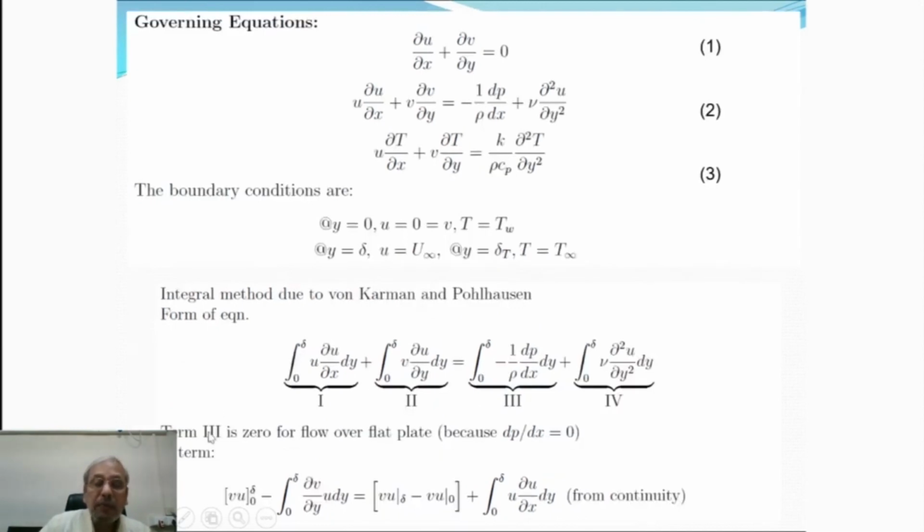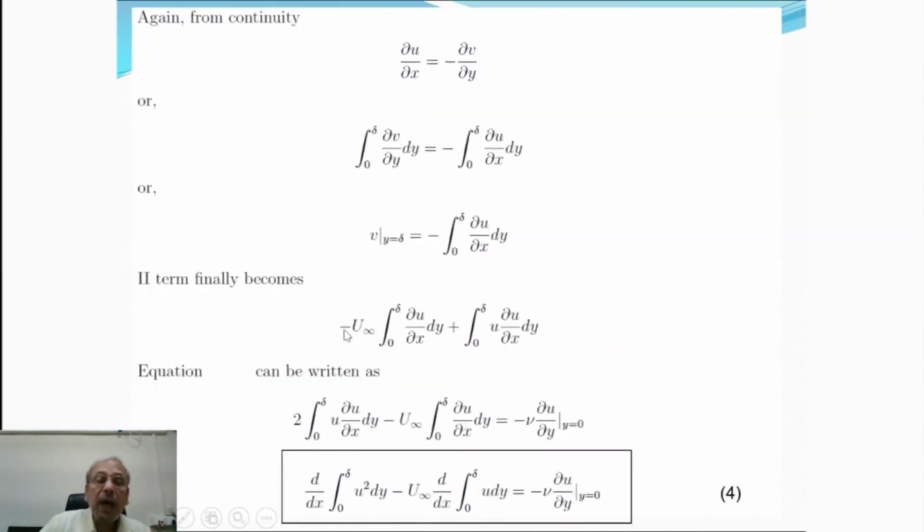So this term, u into v at y equal to delta, and then we had this term, so we can write minus u infinity integration of ∂u/∂x dy between 0 and delta plus integration of u ∂u/∂x dy between 0 and delta.